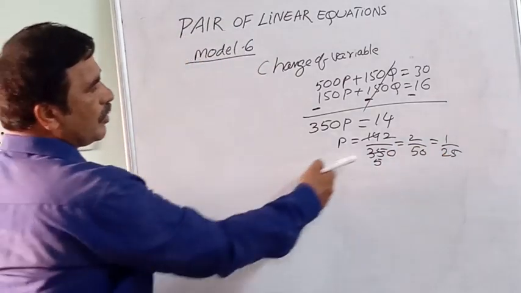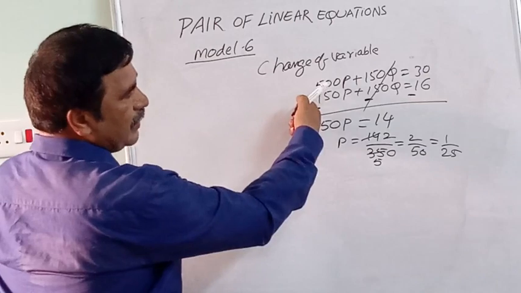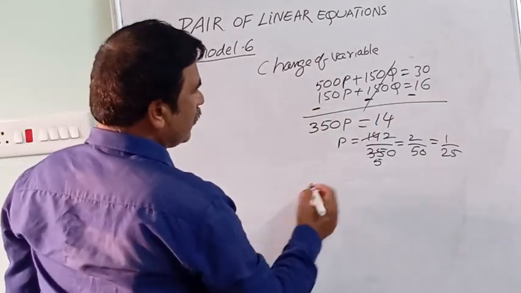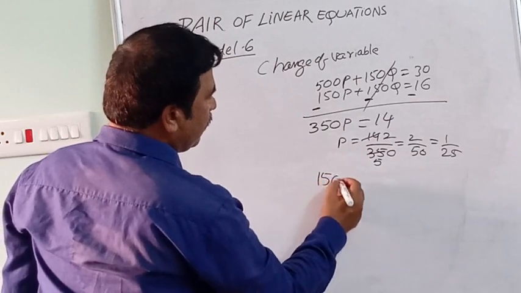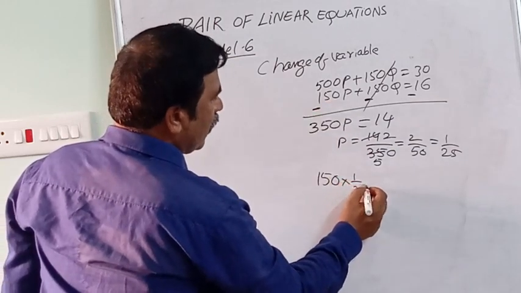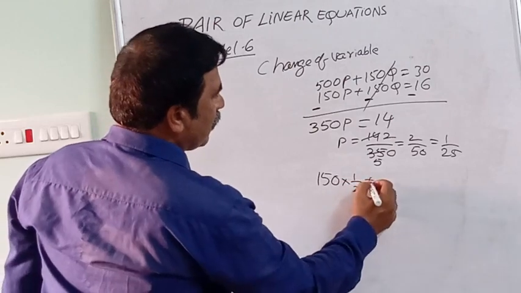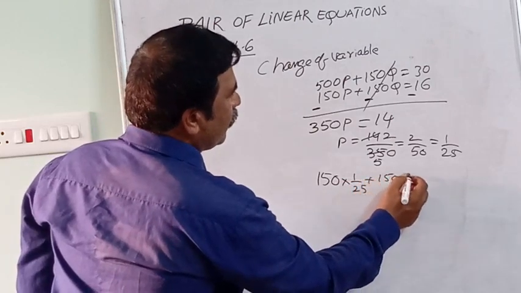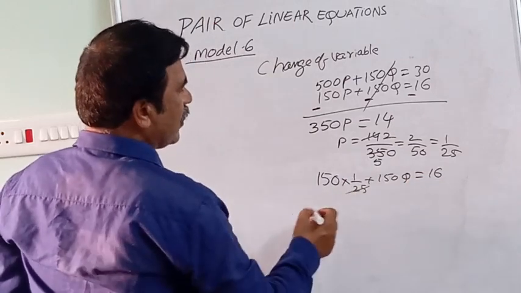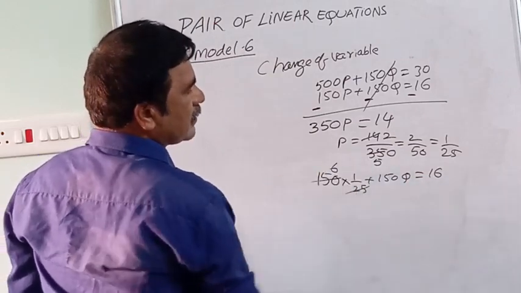Now you can substitute this p value in any one of them, and you can get q also. I am writing here 150, second equation: 150 into 1 by 25 plus 150q is equal to 16. Cancel 25 ones are 25, 25 sixes are 150.